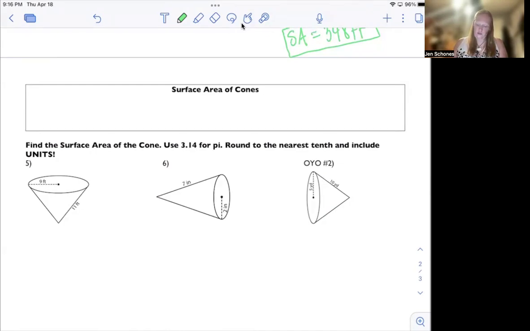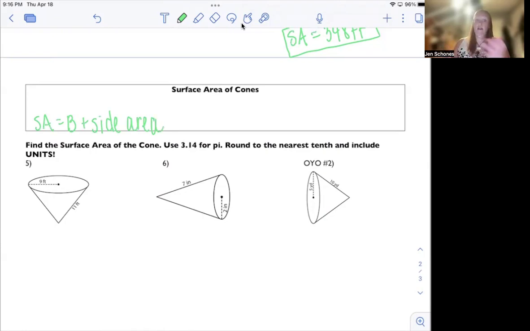All right. So surface area of cones. Cones all have a circle. So we're going to put over here that surface area is always the base, which is a circle, plus the side area. I don't really know of another term for it, so we're just going to say the side area. Now, the side area of a cone, when you open it up, it's this weird shape.